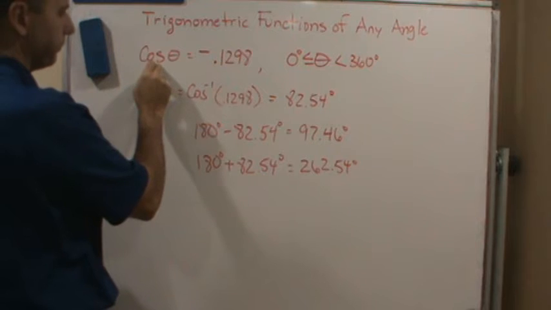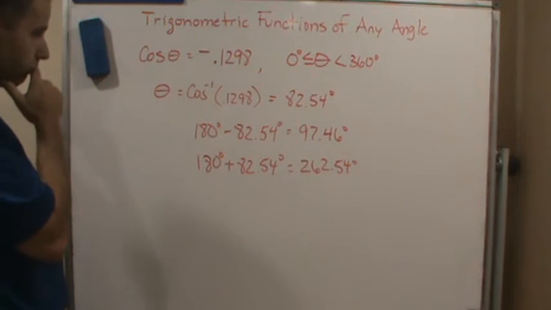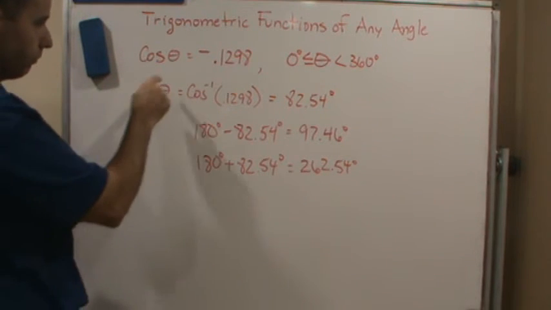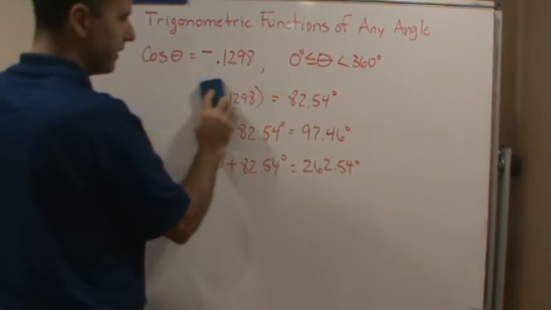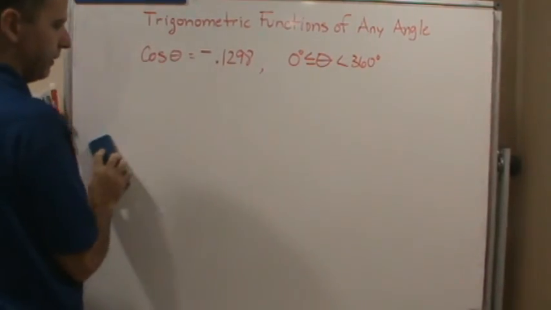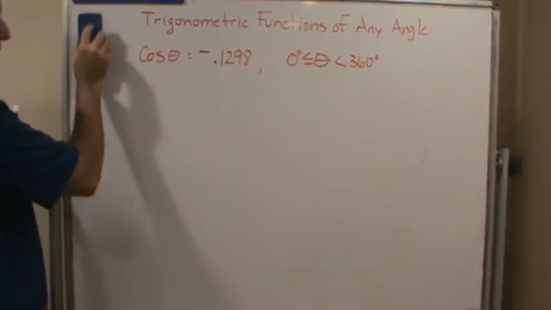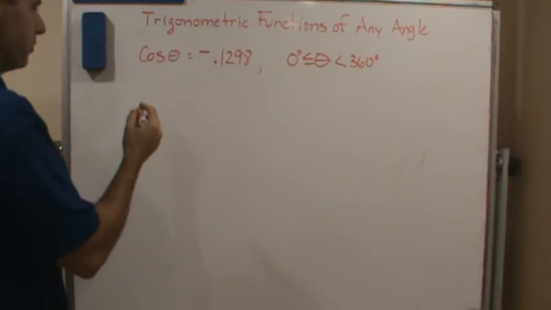What if we use the negative? In this case, the inverse cosine of a negative number will not give us the reference angle. So let's do that.